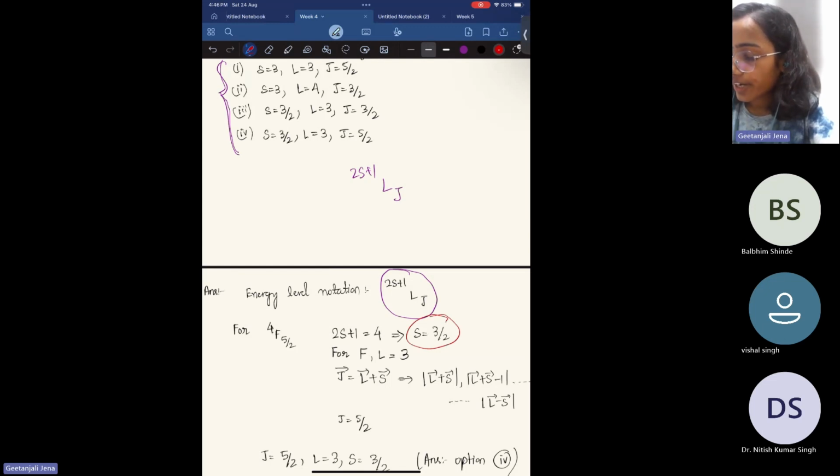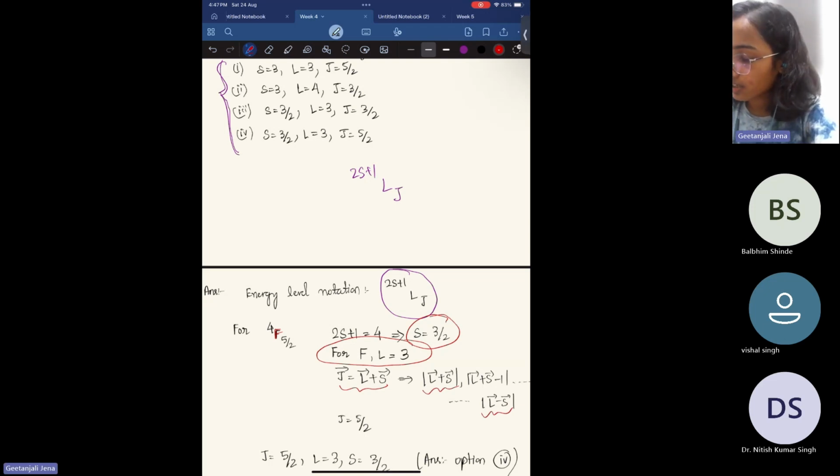And for F, what is L? For F, L equals 3. The J value can take values from L plus S to L minus S. It's a vector sum of the orbital angular momentum and spin angular momentum, so it can have values from L plus S to L minus S in steps of 1.